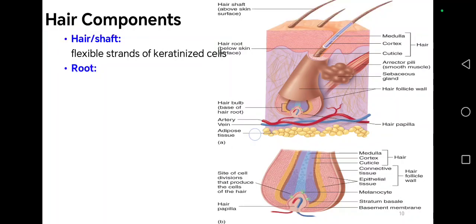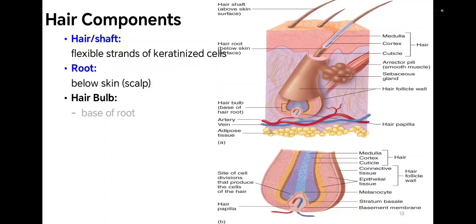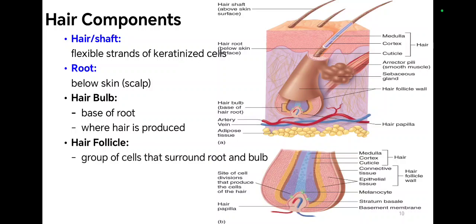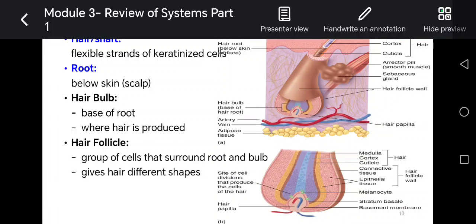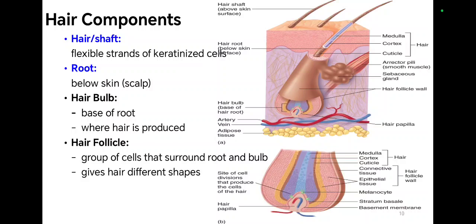The hair shaft is a flexible strand of keratinized cells, and below the skin, located in your scalp area, especially in the head, is the root. The bulb is the base of the root and where hair is produced. The hair follicle is a group of cells that surround the root and bulb and gives hair different shapes depending on the genetic disposition of the individual.